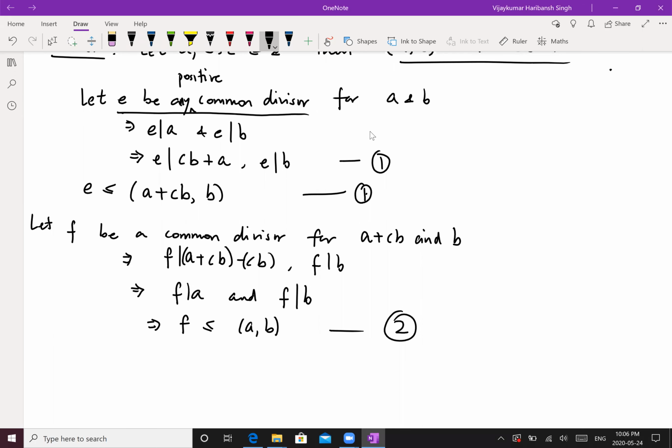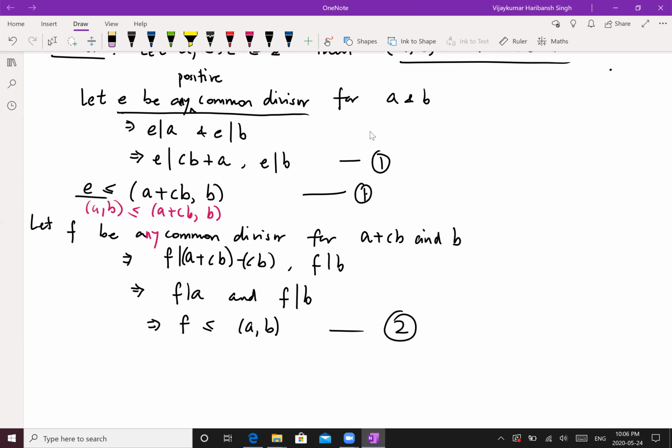So E is any positive common divisor. In particular, from here we get that GCD of A, B is going to be less than or equal to GCD of A plus CB, comma B. Similarly, let F be any common divisor for A plus CB and B. That means F is going to be less than or equal to GCD of A, B. F is any common divisor, so in particular it can be the GCD of this guy.